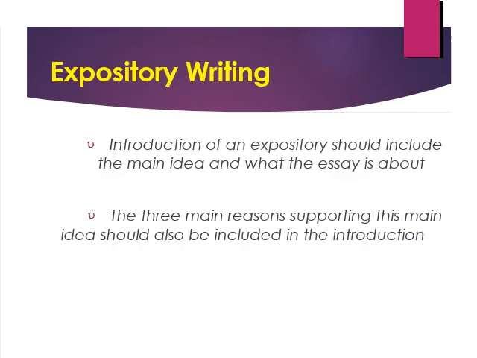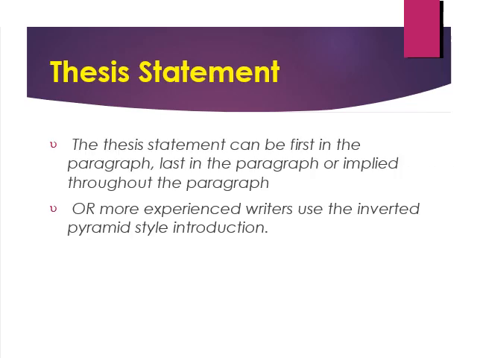The introduction of an expository essay should include the main idea and what the essay is about. The three main reasons supporting this main idea should also be included in the introduction.